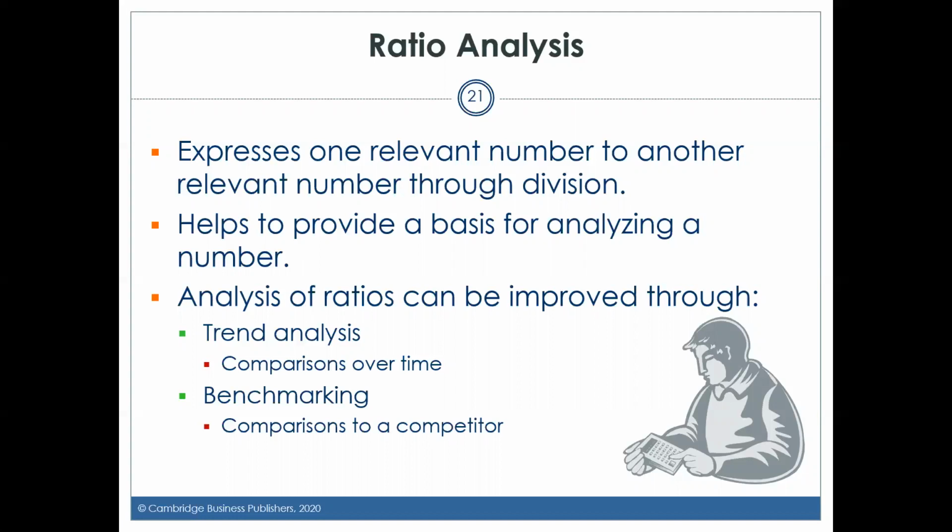Or I guess you could call this vertical analysis. I won't get into horizontal versus vertical. Just trend analysis is taking one company, so we hold the company constant and we vary time. And benchmarking, we hold time constant and we vary company.